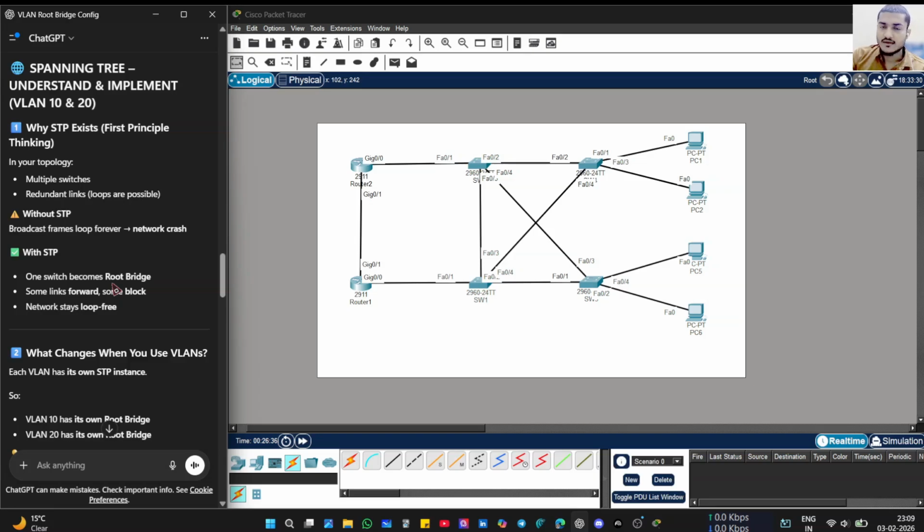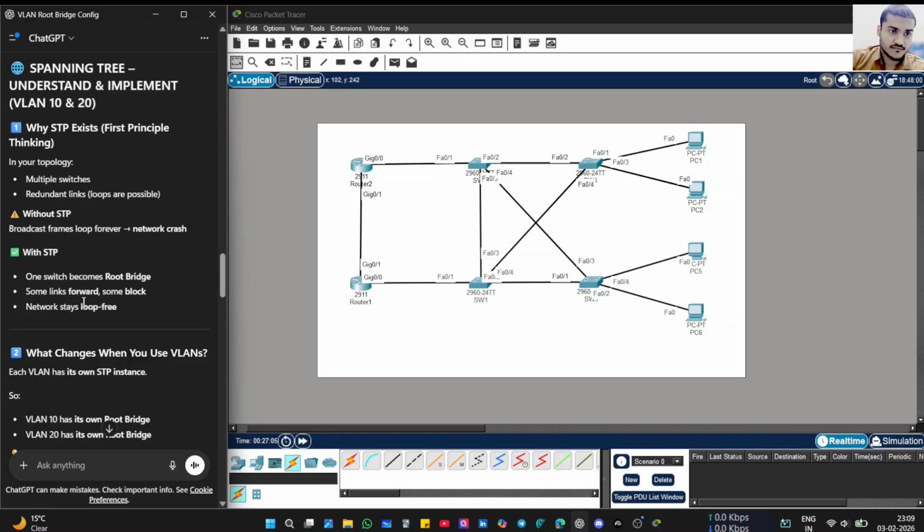If the priority number is tied, then we compare the MAC address. This is what the switches do in order to elect, and we have to understand this.